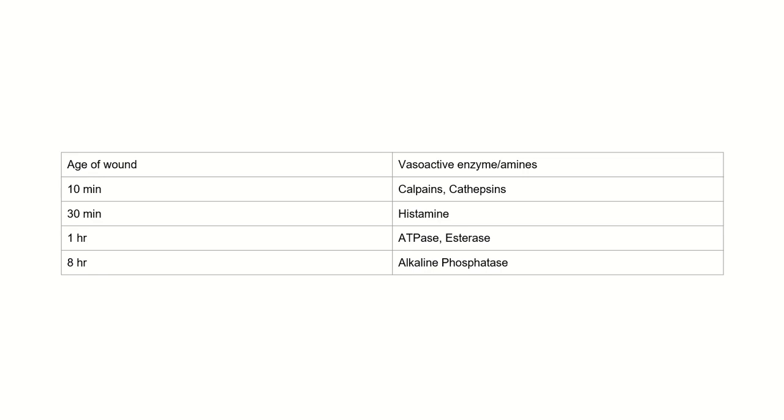Up to 10 minutes, calpains and cathepsins; 30 minutes, histamine; 1 hour, ATPase (adenosine triphosphatase) and esterase; 8 hours, alkaline phosphatase. And here I am talking about wounds in general, not only gunshot wounds.